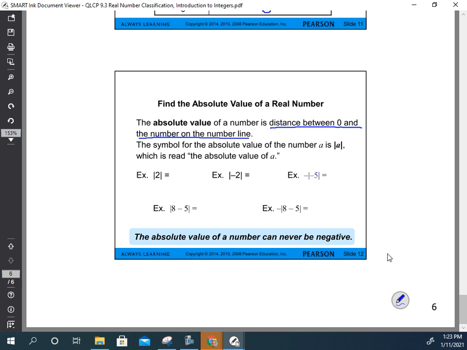The nice part is absolute value is simply the number that you were working with. You do have to know what symbol it represents, though. If you have 2 bars with a number inside of it, this means absolute value.